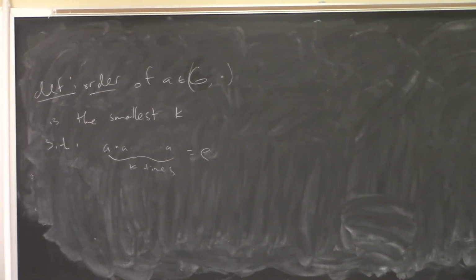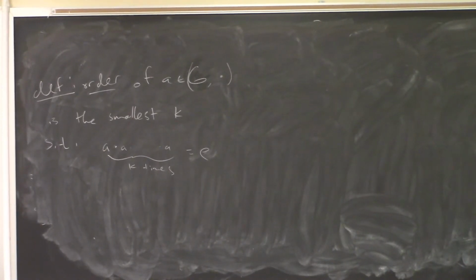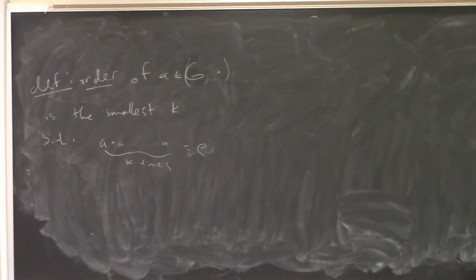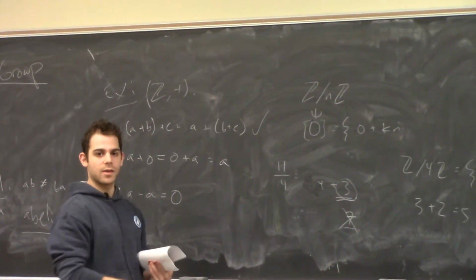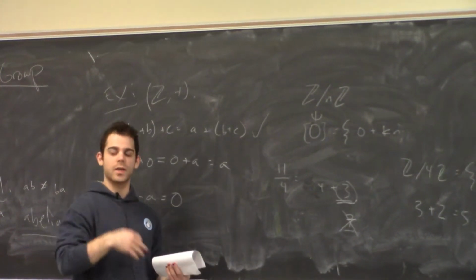So if we look at this Z mod 4Z, we see that the identity is still 0, just like in the usual integers. But unlike in the usual integers, where if I take any integer and start adding it to itself, it's just going to go to infinity, or negative infinity. So we see that none of the elements have finite order, right, we'll never go back to 0.